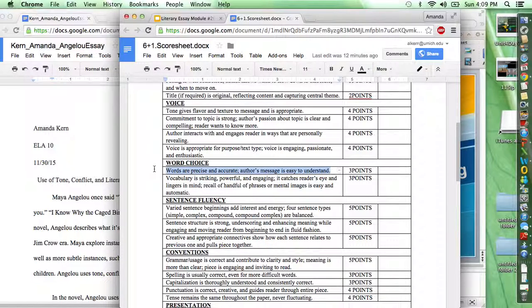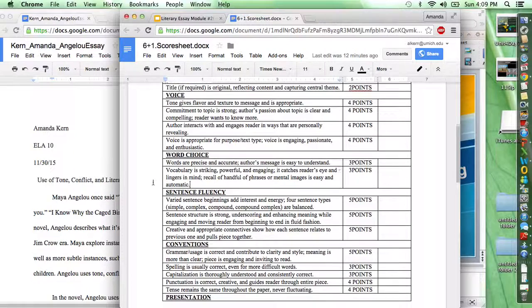So make sure that the words chosen in your essay are easy for you to understand and that you can follow the ideas really clearly. And you want to make sure that there are some good vocabulary words like tone, conflict, figurative language, theme, cultural perspective used in the essay.